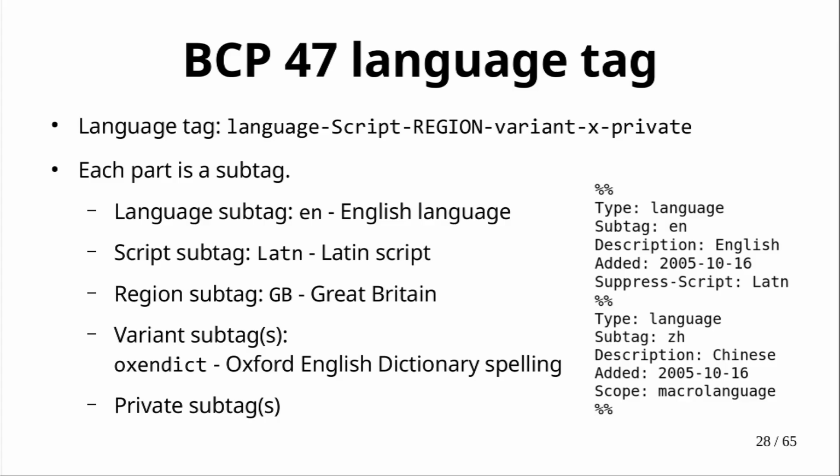The GB then becomes the region subtag of the language tag. If you want to be more specific, like specifying the Oxford English Dictionary spelling, you can apply the variant subtag, for example, oxendict. So like that.